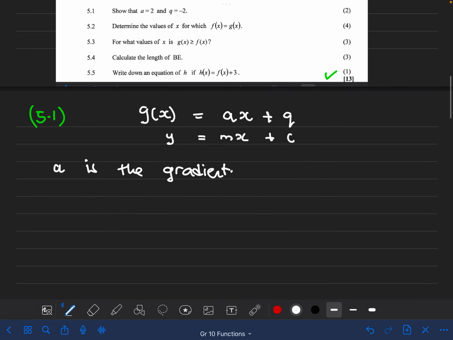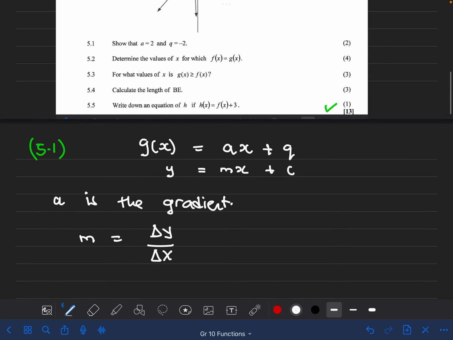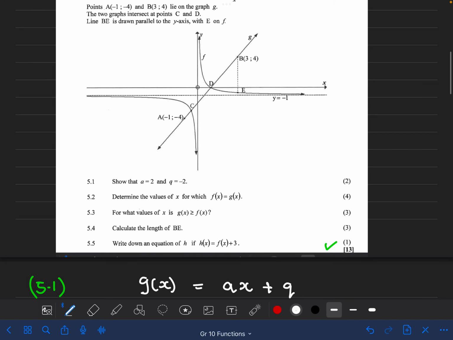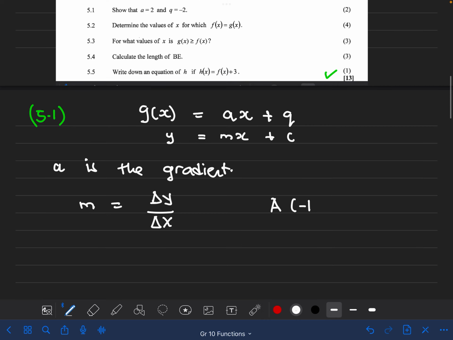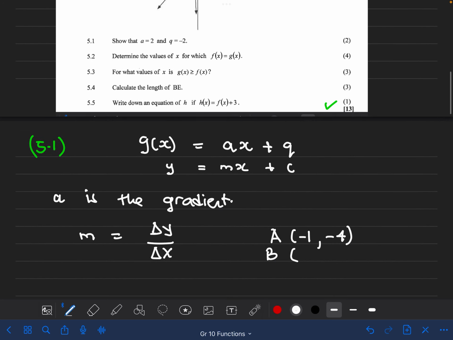Okay, and then the gradient, what is the gradient? It is the change in the y divided by the change in the x, right? So in order for us to find the gradient, we need two coordinates that are on g of x. And we actually do have two coordinates, A here and B. A is negative 1 and negative 4. And B here is 3 and 4.